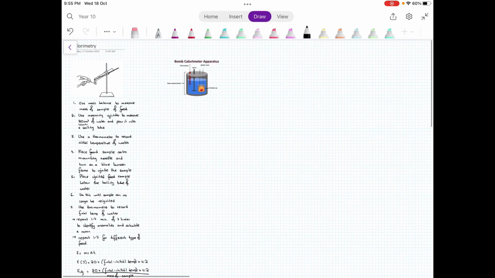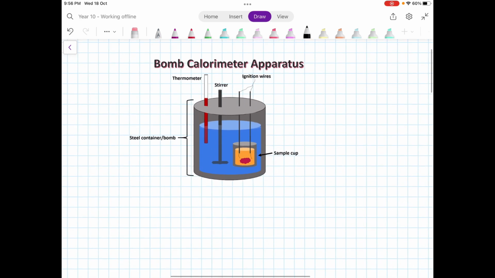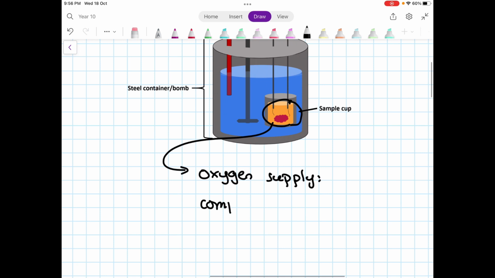Now, in order to improve the accuracy of calorimetry, we could use a bomb calorimeter. And special features of this apparatus can help tackle those problems. Over here, there's an oxygen supply, which ensures that complete combustion occurs.